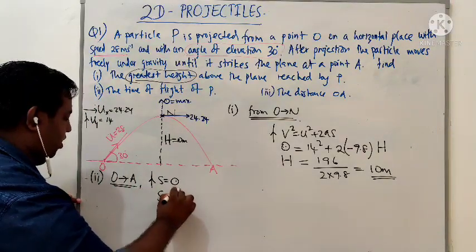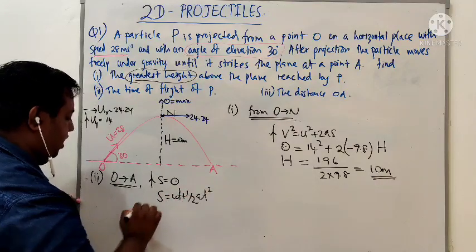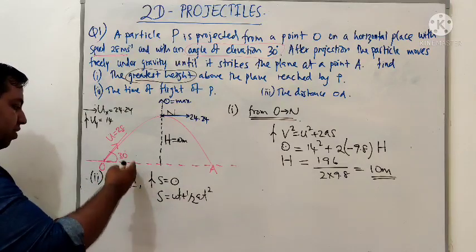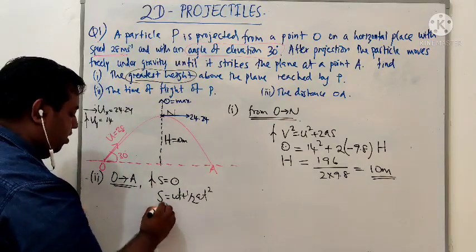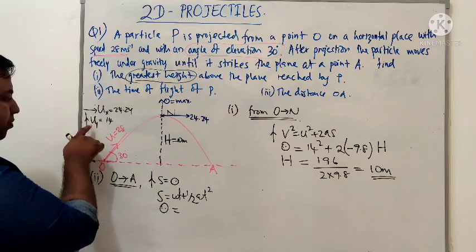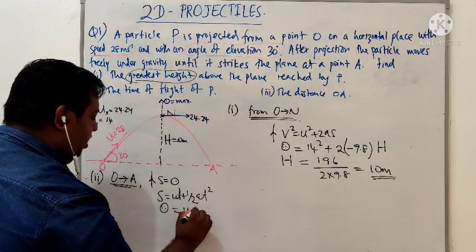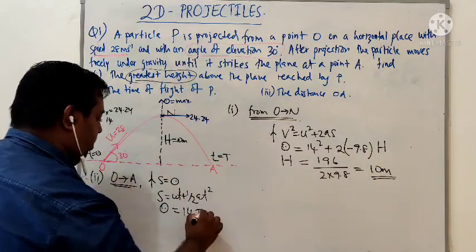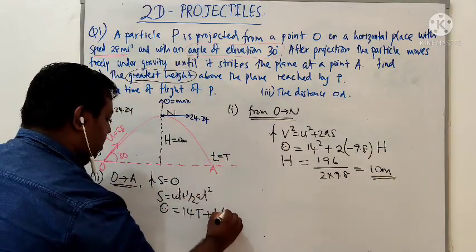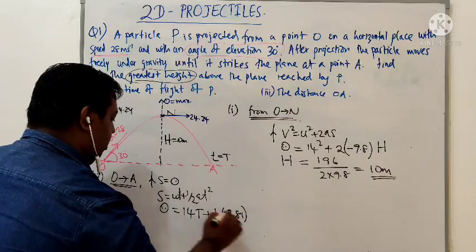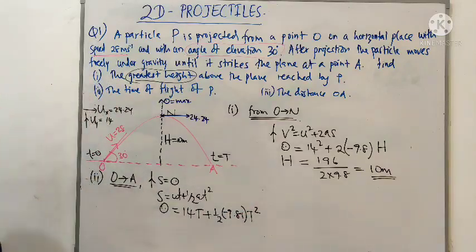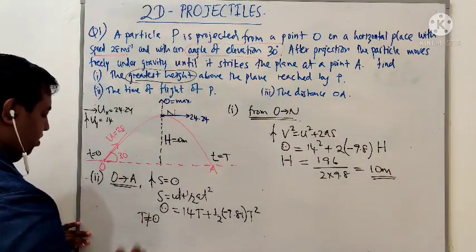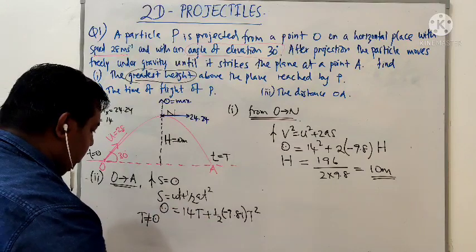What's the equation? S equal ut plus half a t square. S is 0 when we consider vertical upwards. U, the vertical component, is 14, and t equals capital T. So 0 equals 14t plus half into acceleration minus 9.81 into t square. This is a quadratic equation, but t is not equal to 0, so you can divide both sides by t.